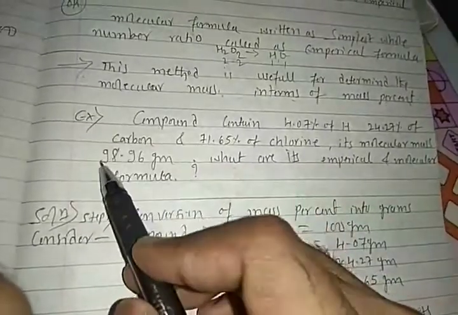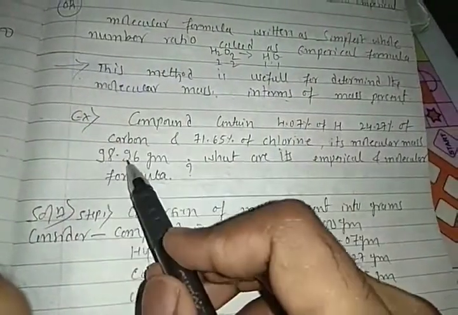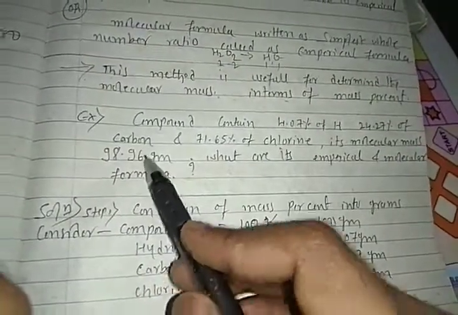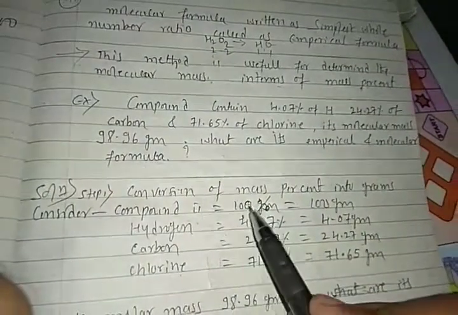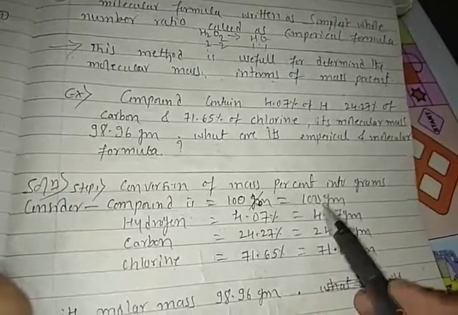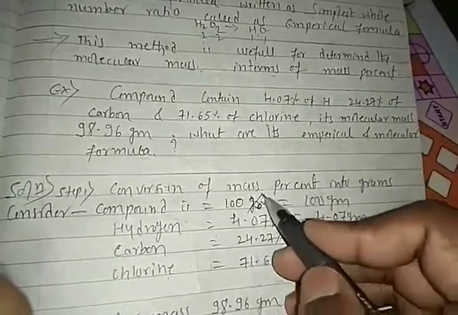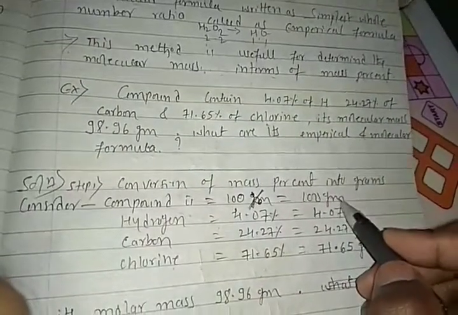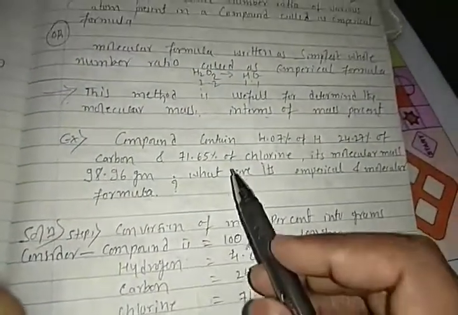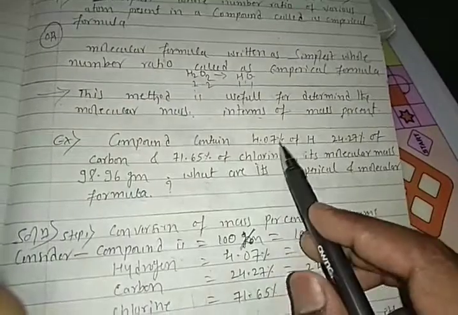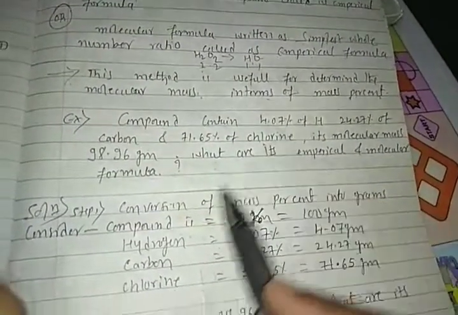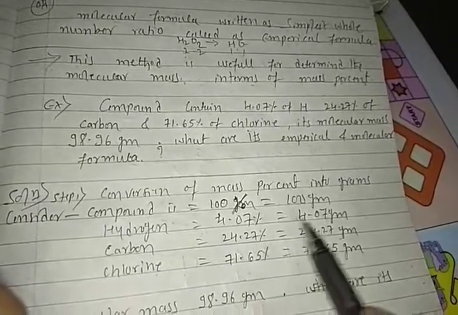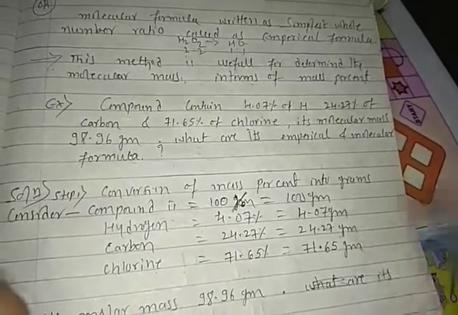The total 98.96 gram is the total molecular mass of the compound. That is considered as 100%. This is 100%, students. 100% means it is 100 gram. So hydrogen is 4.07%, so you have to use the hydrogen 4.07% turns into 4.07 gram.